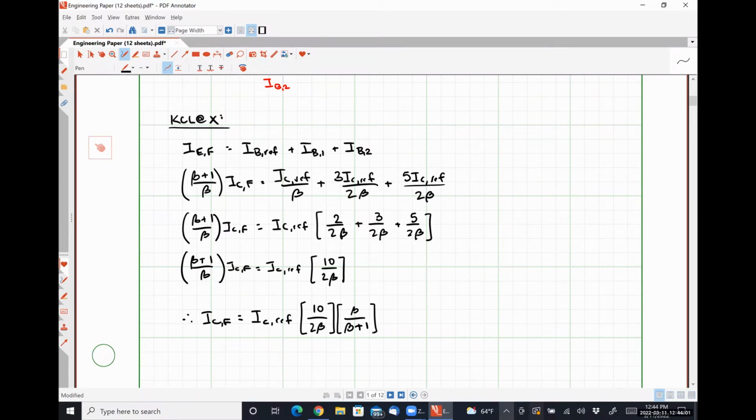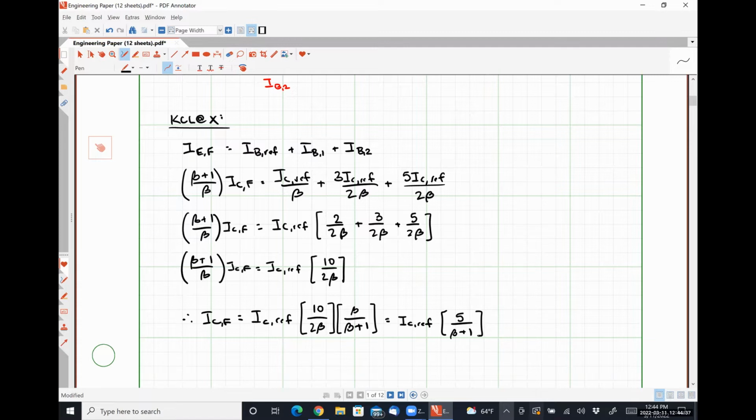So when I divide the left-hand side by this fraction, it's like multiplying the right-hand side by the reciprocal. And so this is going to become IC ref times 5 over beta plus 1. We good? Anybody see any mistakes in my algebra or anything like that? All right. So that's what KCL at node X gives us.